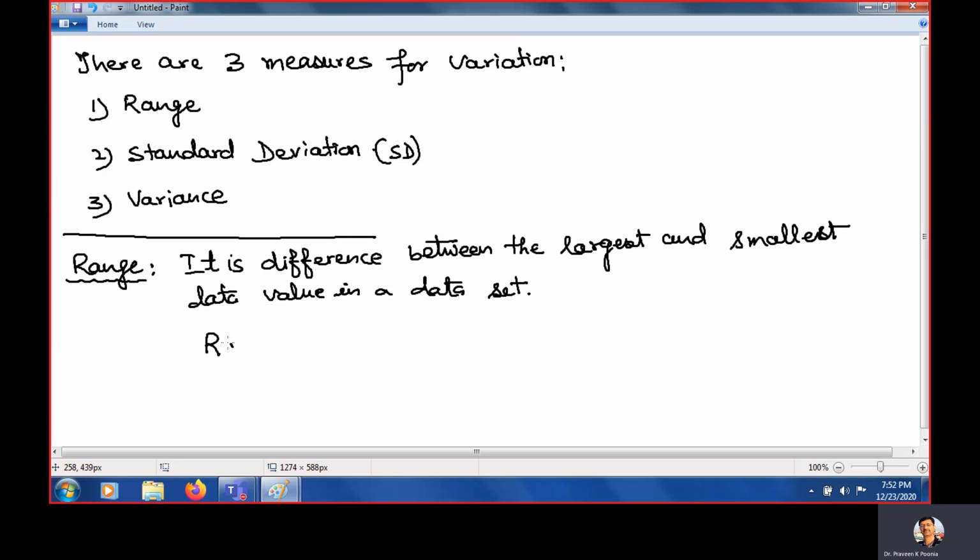So how can you define range? Range is equal to the largest value minus the smallest value.